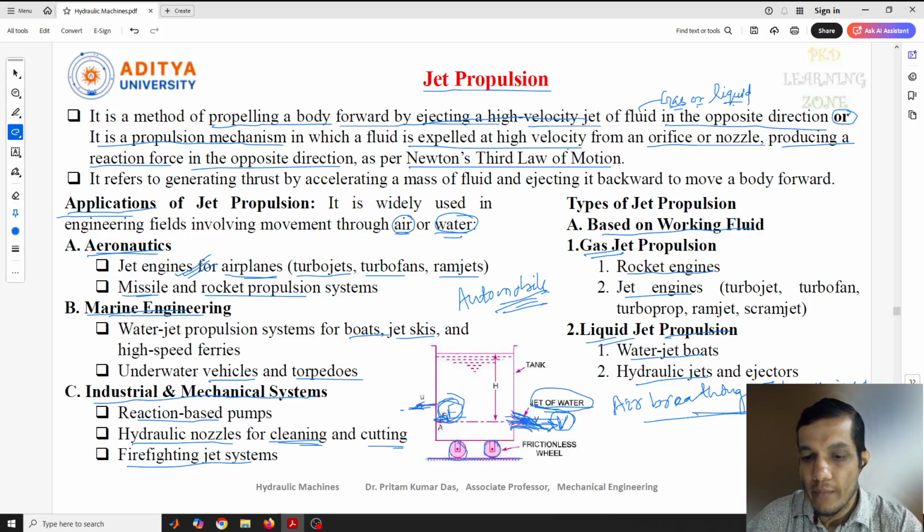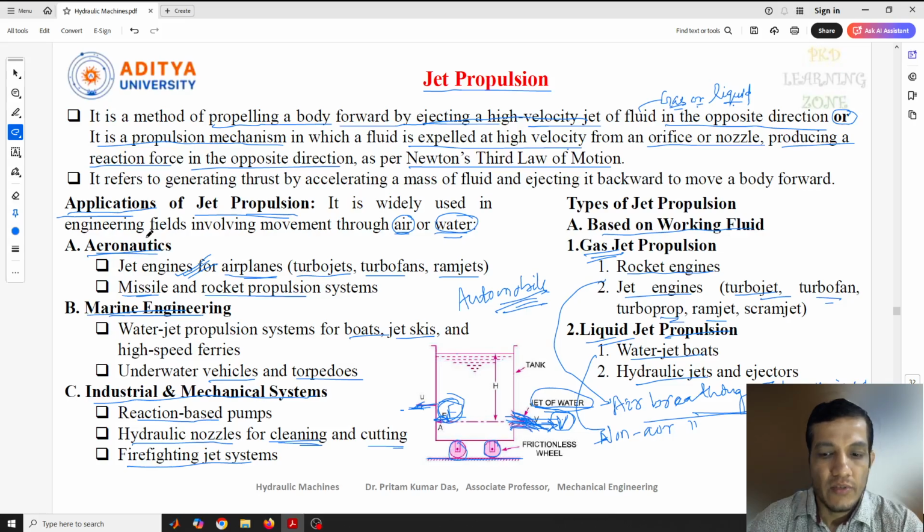The air will be the basic medium, and another type will be the non-air breathing engines. What are the examples in this? I told you: turbojet, turbofan, gas propulsion, ramjet, scramjet. All of these come under the air breathing type, and the liquid one we can say is the non-air condition. Okay, so these are the types of jet propulsion, and these are the applications of jet propulsion.